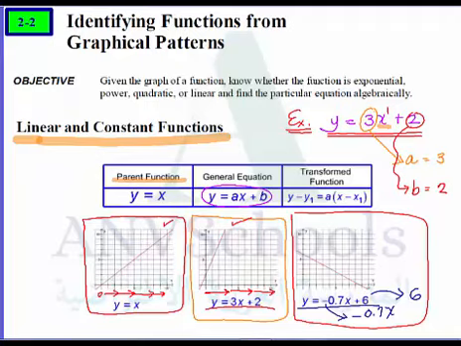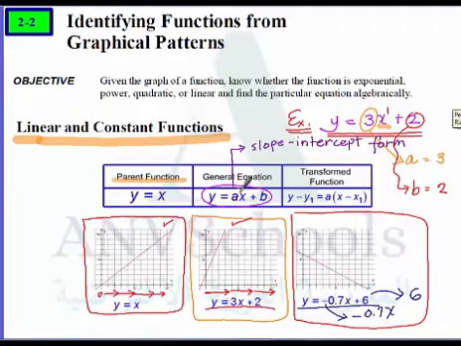Well, the general equation is sometimes referred to by another name, and some call it slope-intercept form. Why slope-intercept form? Because a is considered the slope.